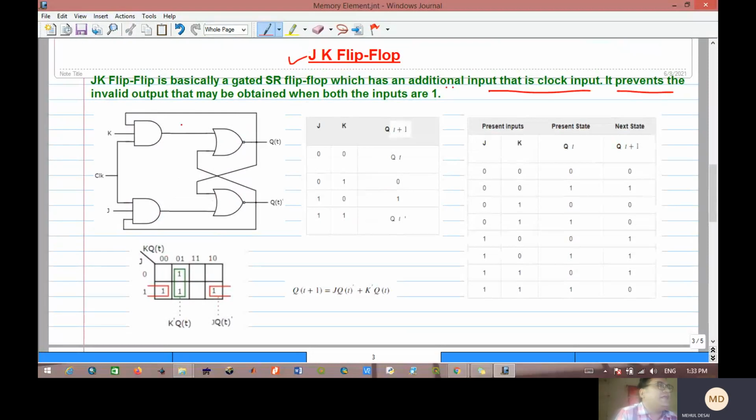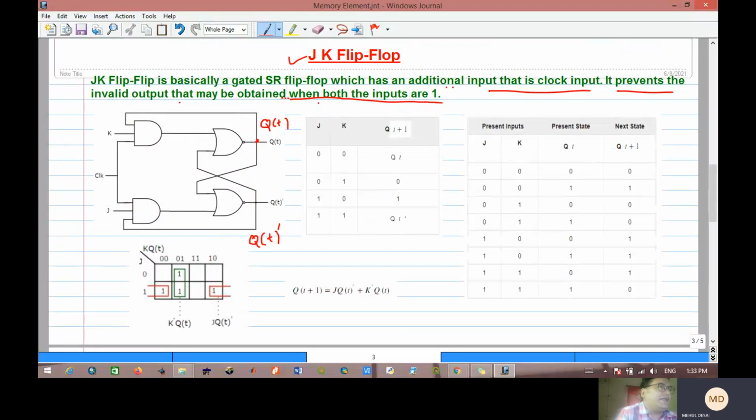It prevents the invalid output that may be obtained when both inputs are 1 1. So here the clock input is given, but additionally QT and QT dash are fed back.